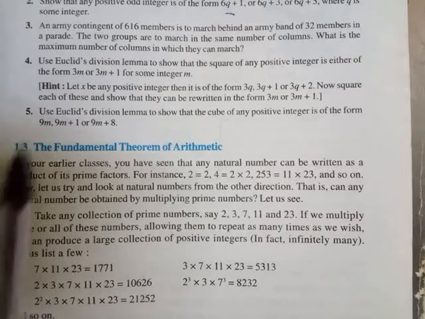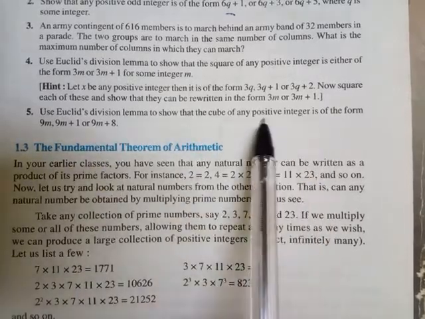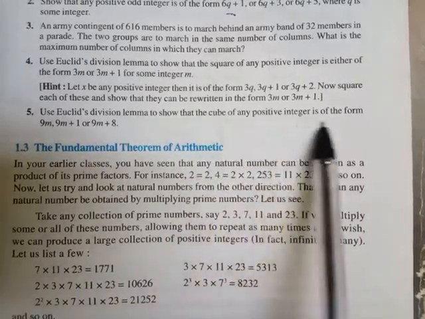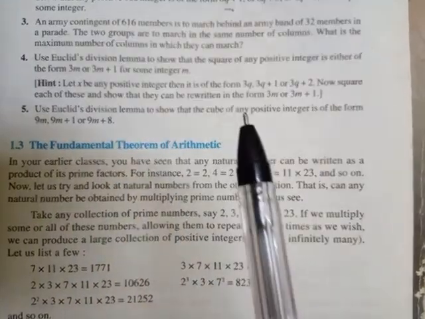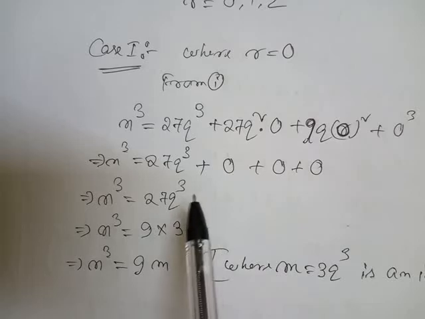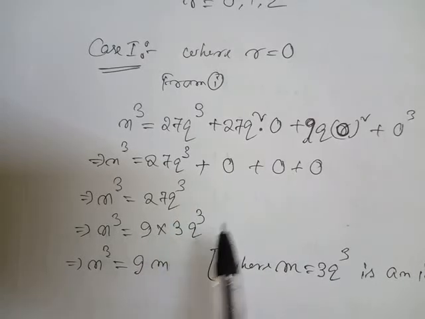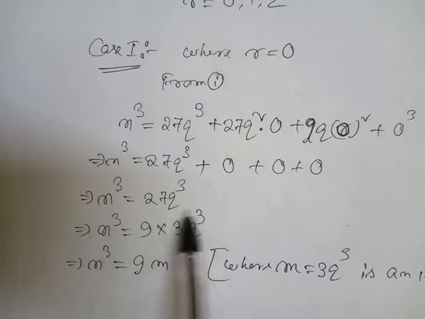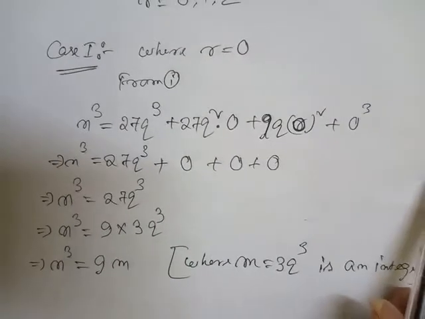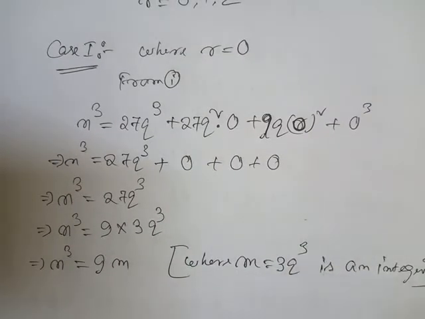Now look student, in the question it is mentioned that the cube of any positive integer is of the form 9m, 9m plus 1 or 9m plus 8. Now look here, 27q cube is 9 into 3q cube, and this portion is m. That's why I wrote here where m equal to 3q cube is an integer. So our first case is satisfied.